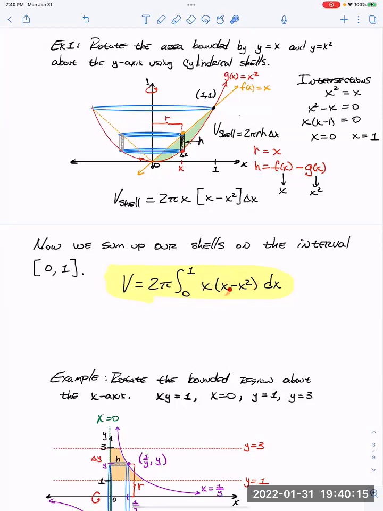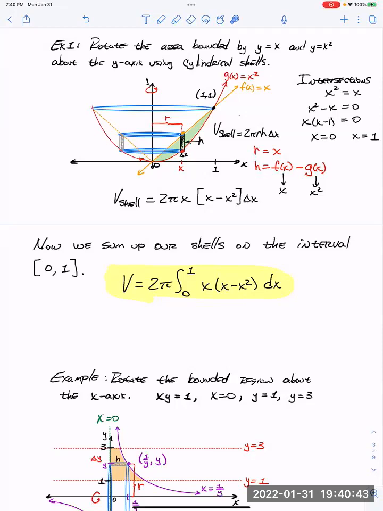Your height was the larger y value minus the smaller y value. Your larger y value came from f of x. Your smaller y value came from g of x. And then dx to represent your delta x. So there you go. Okay. All right, any questions on that one? Doing shells.